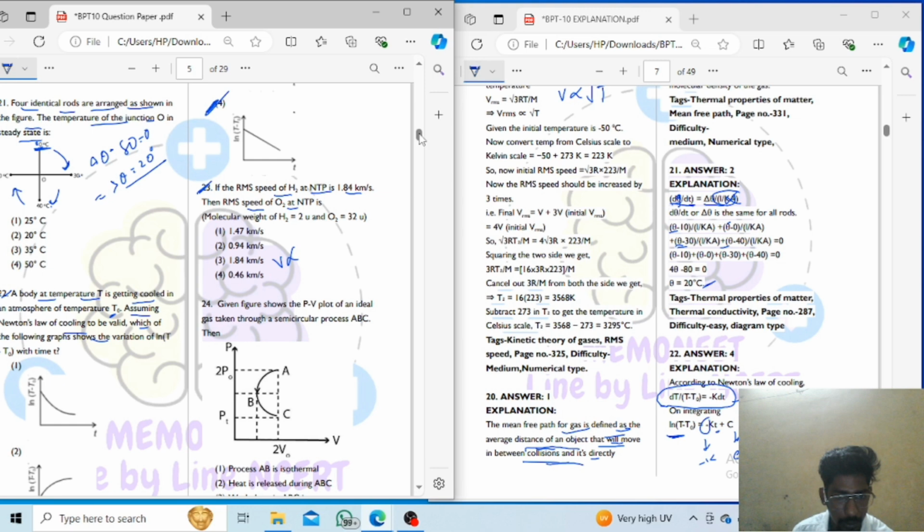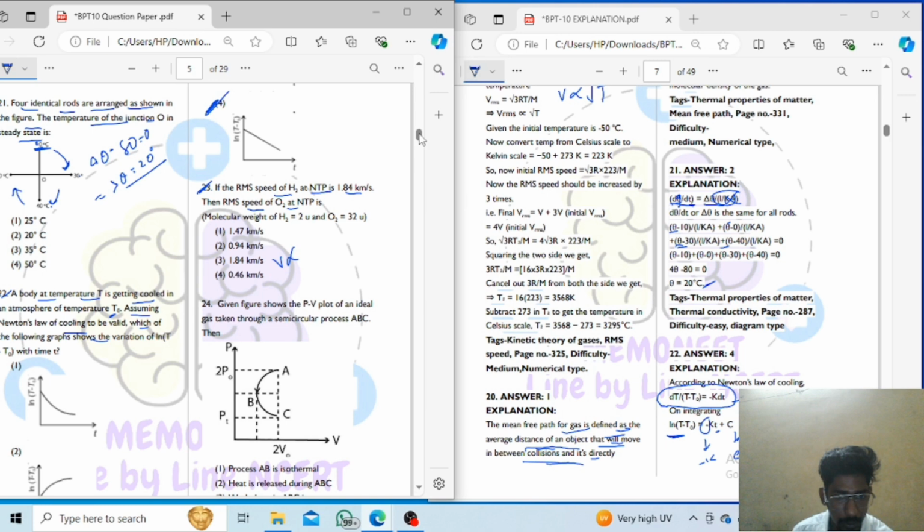So V_O by V_H becomes root of M_H by M_O, that is root of 2 by 32, which is 1 by 4, and V_H is 1.84. So V_O equals 1.84 by 4, which equals 0.46. Therefore option number 4 is the correct option here.